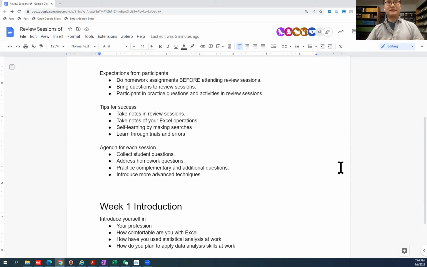Without doing the homework questions before, you will have very few hours left to complete all the weekly homework questions. It'll be too much pressure. And another thing is, if during the review session it's your first time seeing the homework questions, then I don't believe it's easy to absorb all the information while trying to find all the correct operations you need to do in Excel. So please do the homework assignments before attending our review sessions.